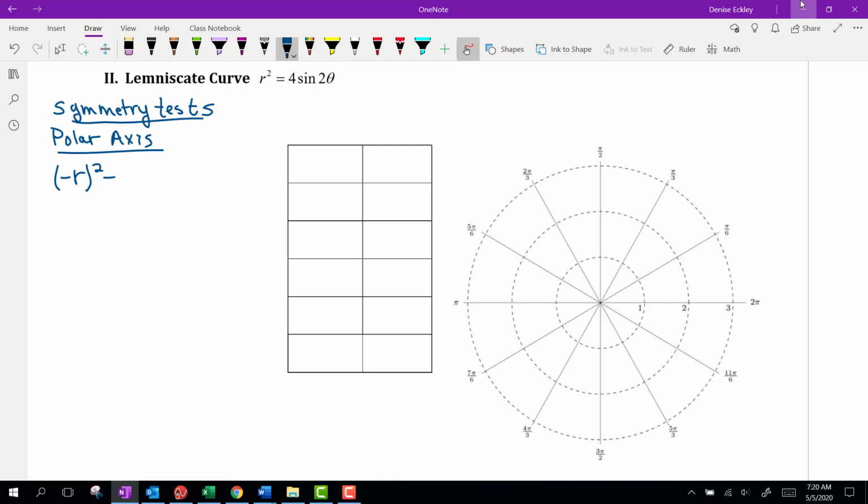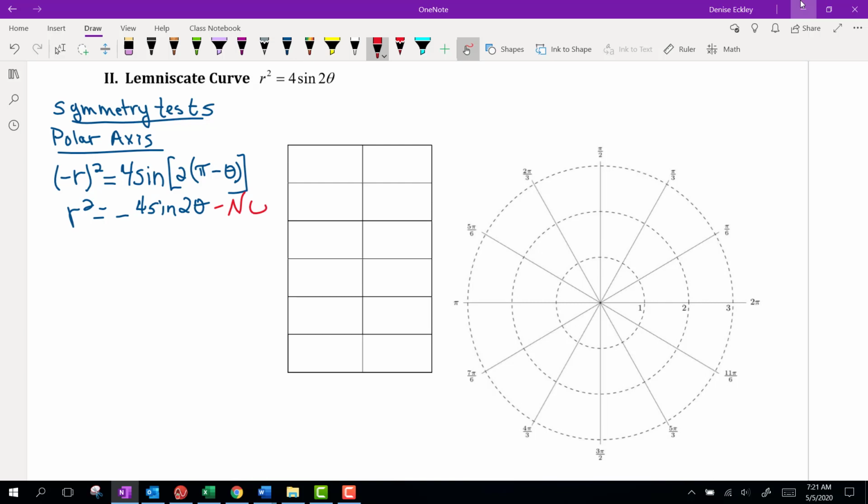Negative r squared equals 4 sine of 2 times pi minus theta. And so simplifying this, we get r squared is going to end up equaling negative 4 sine 2 theta. So this is a no.